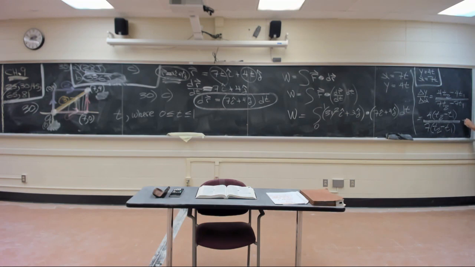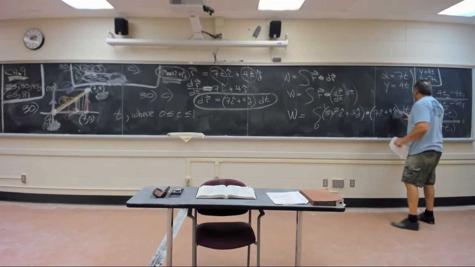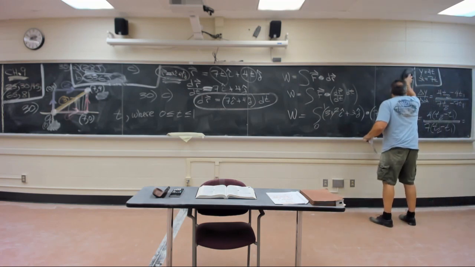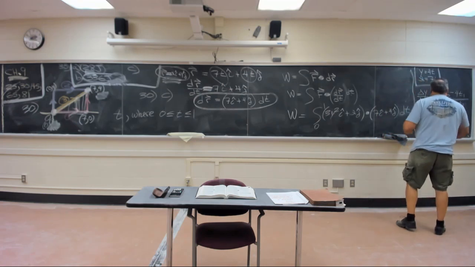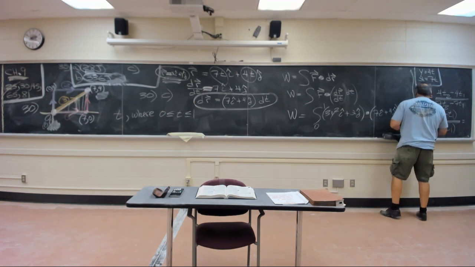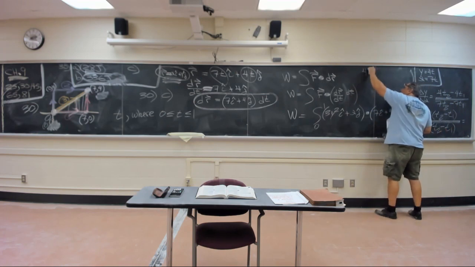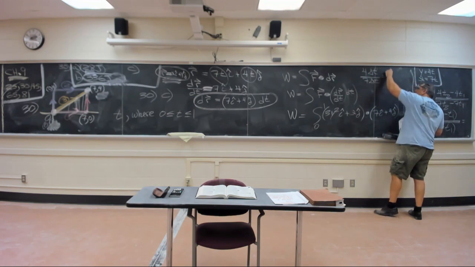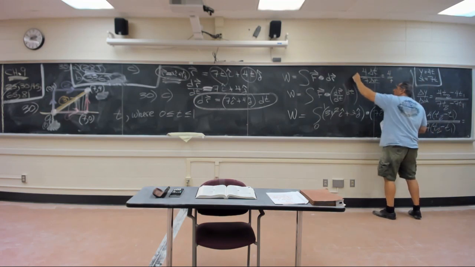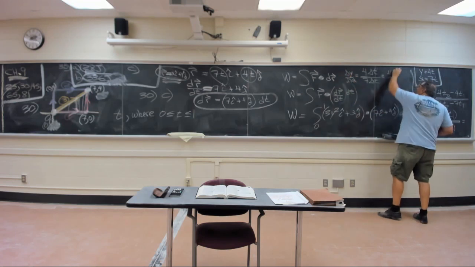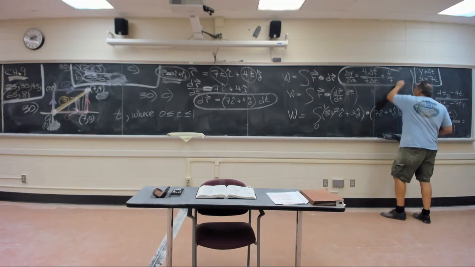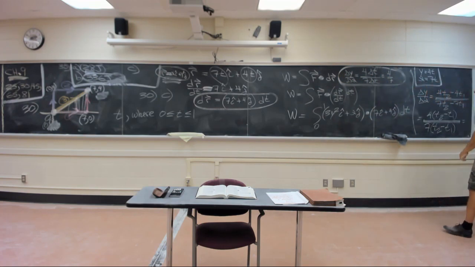T2 minus t1 is delta t. That's 4 over 7. That's delta y over delta x. Sorry, guys, I had it reversed. I was giving you delta x over delta y. It is the same logic.